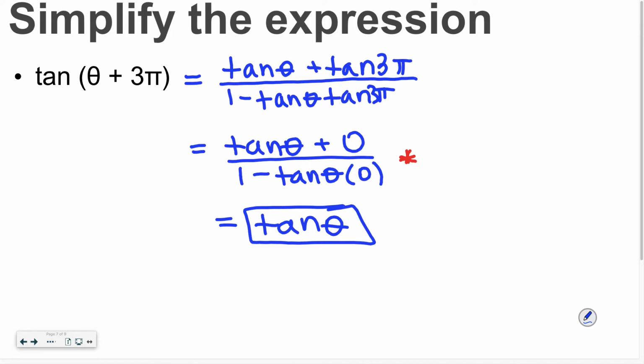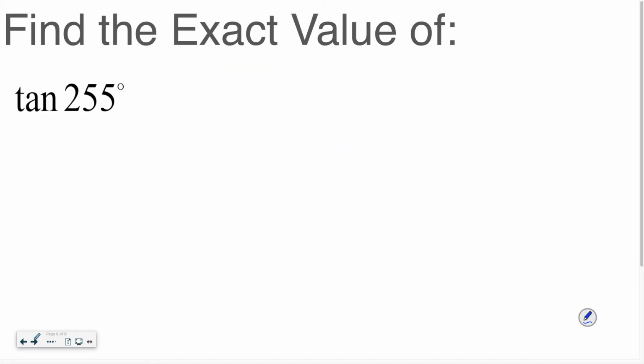All right, we've saved the best example for last. I want the exact value of 255 degrees. Is 255 on our unit circle?